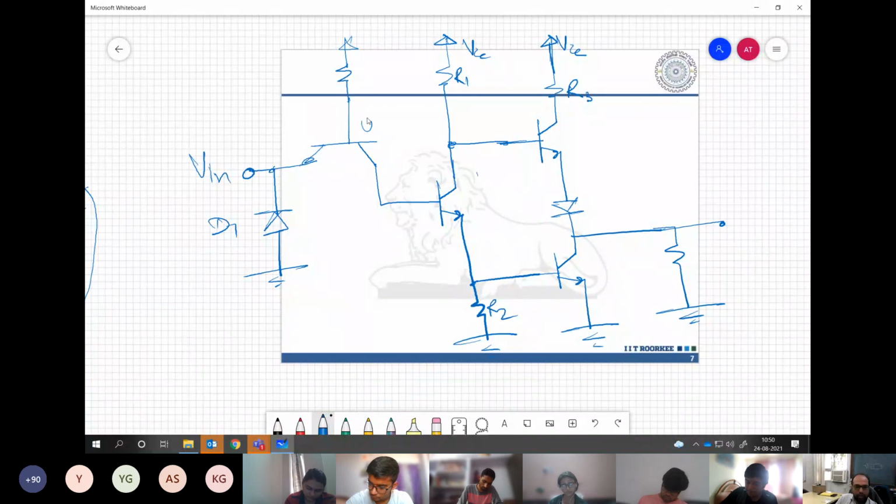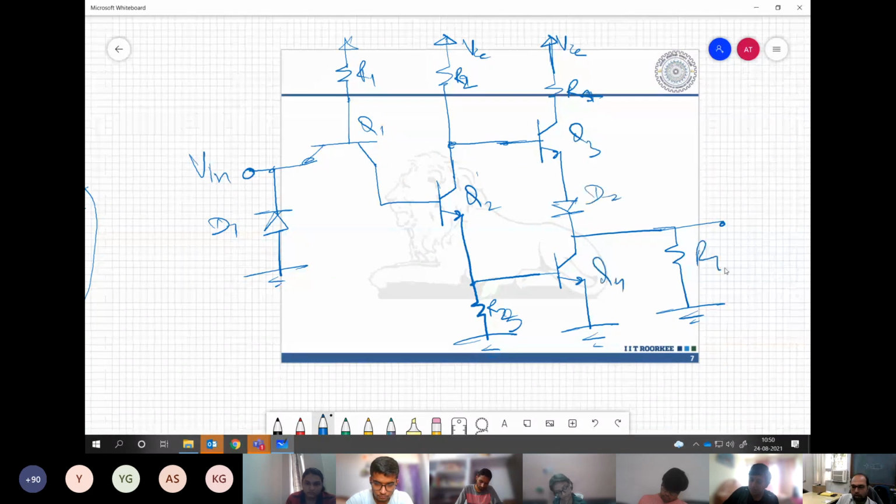D1 and then let's say Q1, R1, R2, Q2, R3, R4, Q3, Q4, D2, RL, Vout. Fine, right? Now let us say the input voltage given over here is only 2 volts.